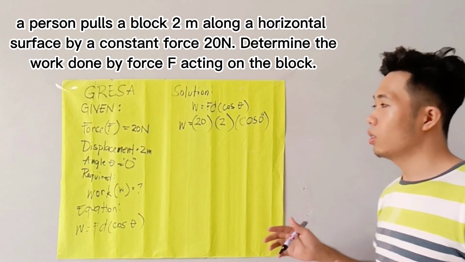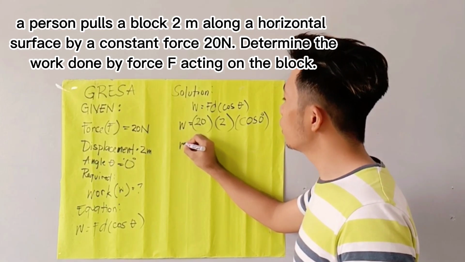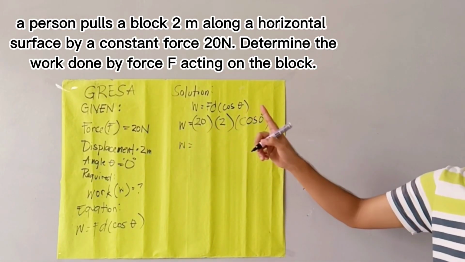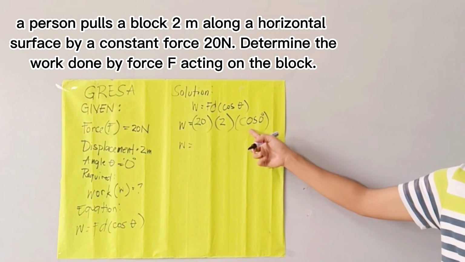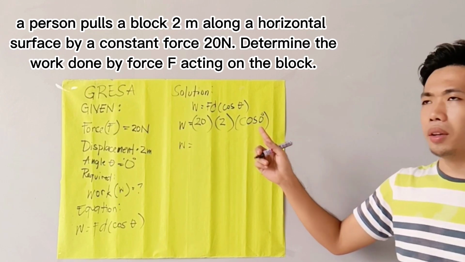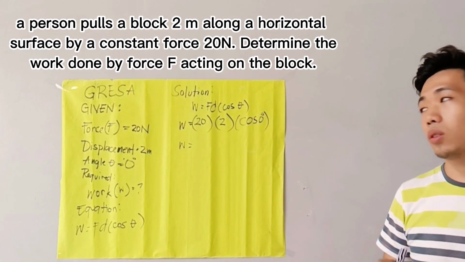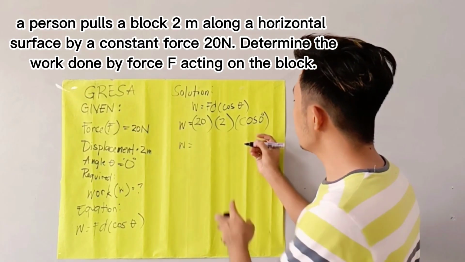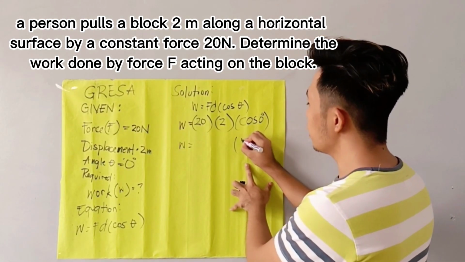Then we solve. W equals 20 times 2 times cosine 0 degree. Of course, we need to calculate the value of cosine 0 degree, which is 1.